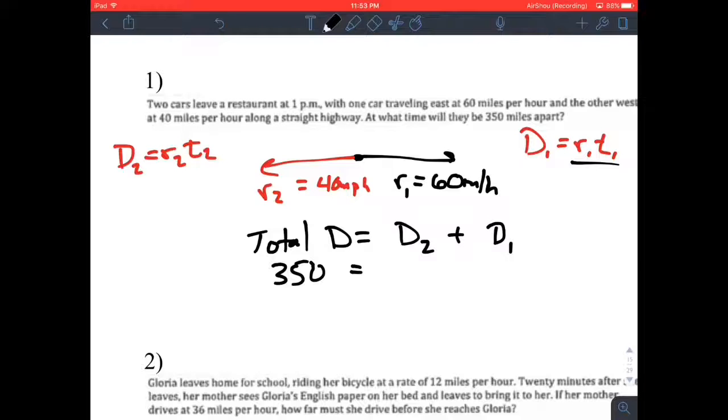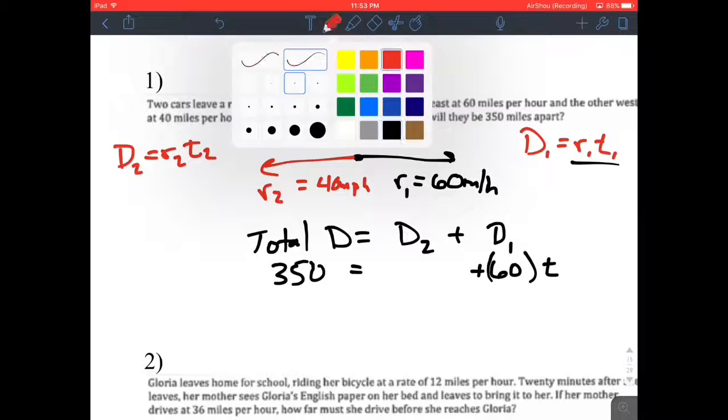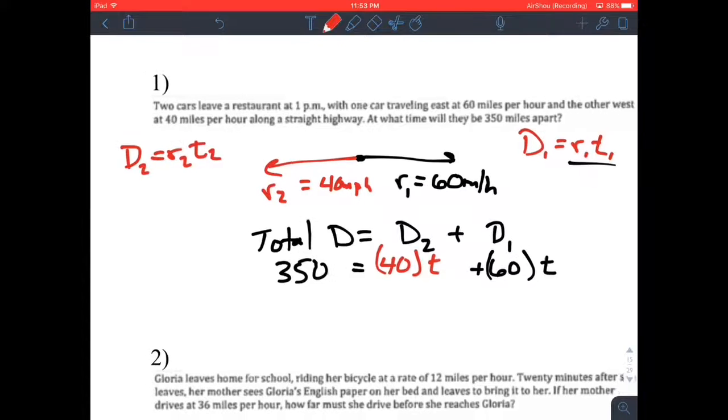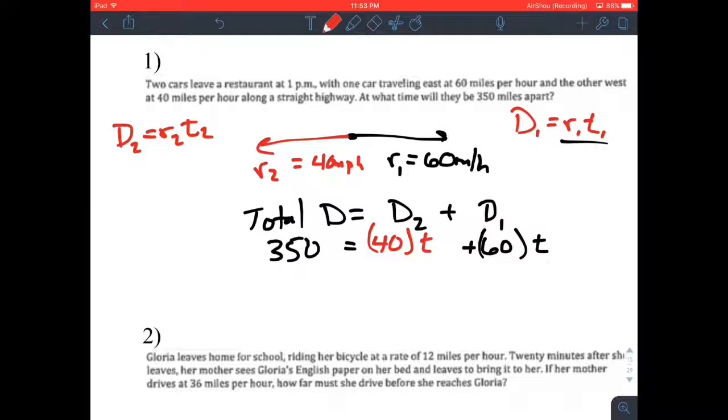And we know that the rate is 60 miles per hour. We don't know the time. Distance 2 is the rate, which we know is 40. We don't know the time. Now those times must be the same, because they're both leaving the restaurant at the same time. How long will it be until they are 350 miles apart? So the times have to be the same.